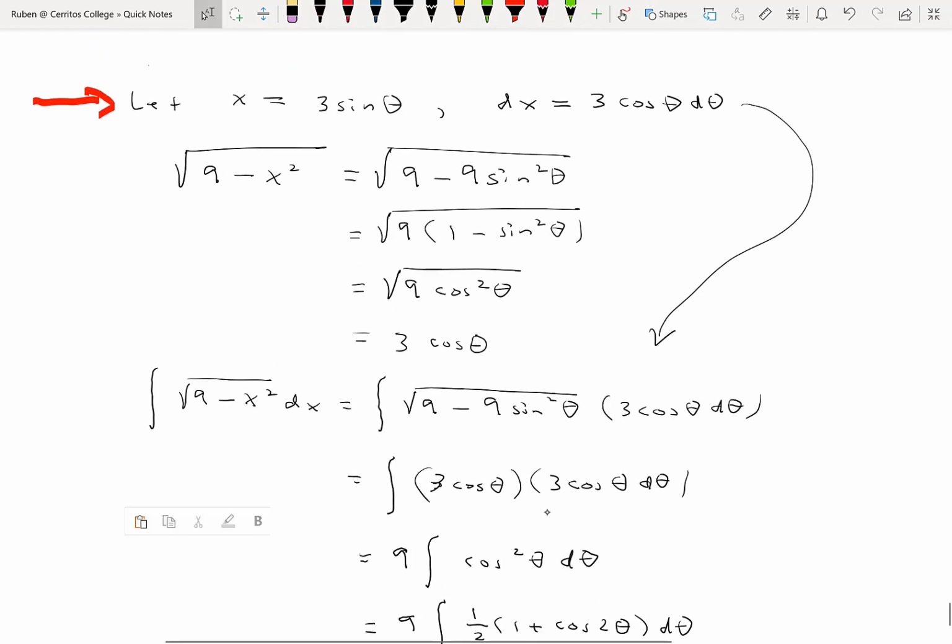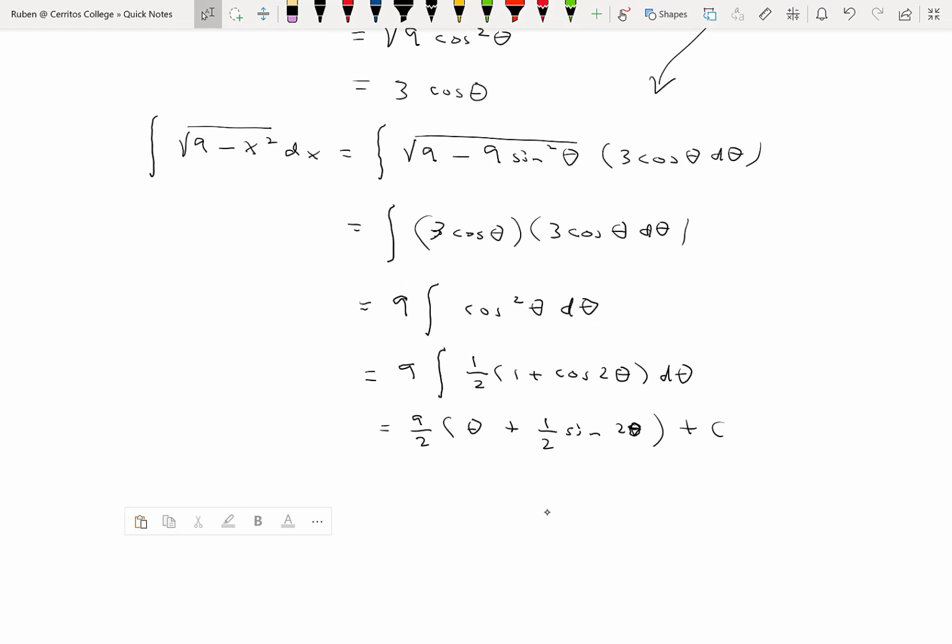So let's go back to our substitution. The substitution was x equals 3 sine theta. Well, that says that sine of theta equals x over 3. And that says that as long as we choose, and this is where the absolute values of the cosine are not necessary in the substitution, this is the reason.